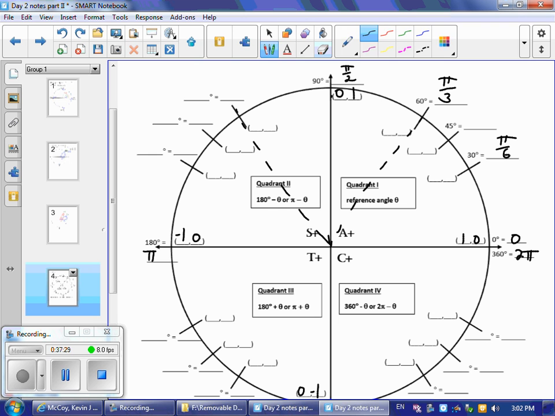And then one more, same logic. If I were to take and divide this by 45 degrees, 45 goes into 180 4 times, because it would be 45, 90, 135, 180. 45 goes into 180 4 times, so if I divide pi by 4, it will be pi fourths.